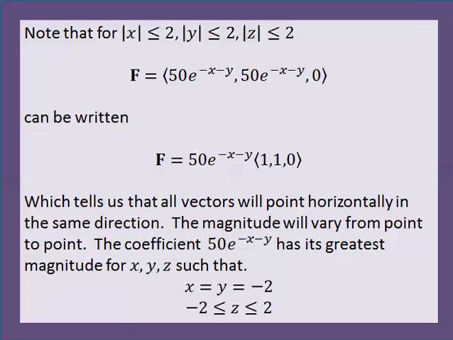The only thing that changes is the magnitude. The direction that each vector is pointing in is parallel to the xy plane and going at a diagonal across that floor of the cube.